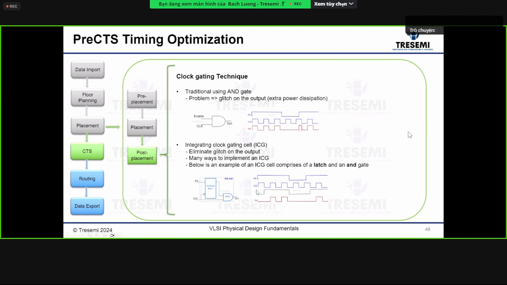If you have a clock that's moving, and you can control the enable, then when the enable is high, you let the clock go through and you get a waveform. But if you want to shut down the clock on the output and the rest of the logic, you just shut off the enable, and then the clock is shut off. So whatever logic is downstream gets shut off. It's a way of saving power by shutting off the unused portion of logic.